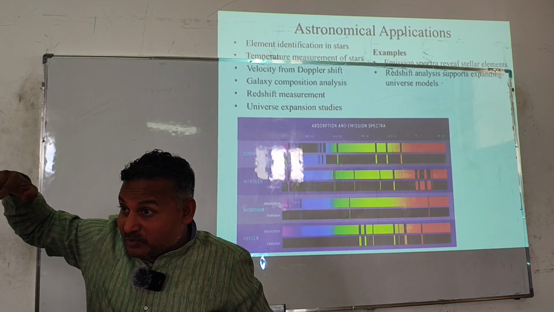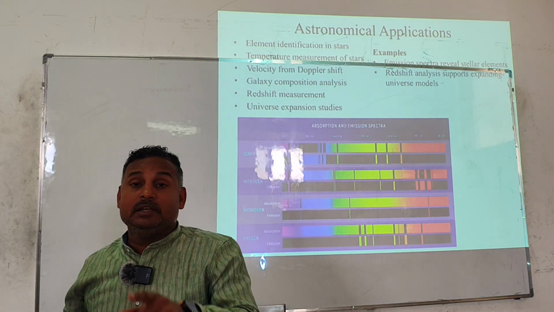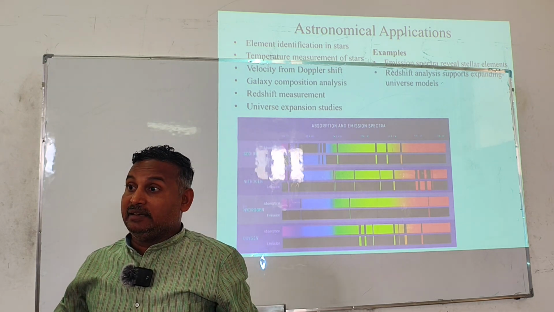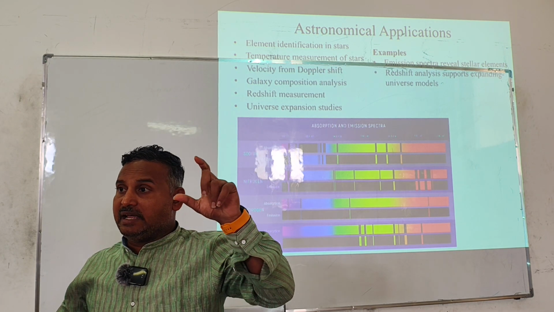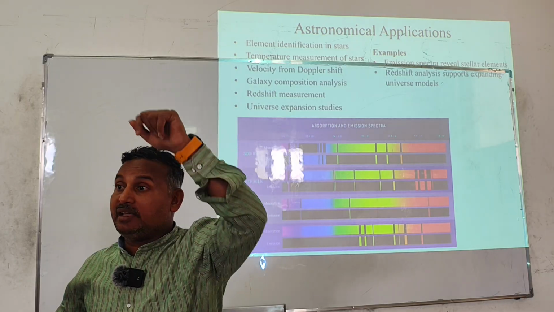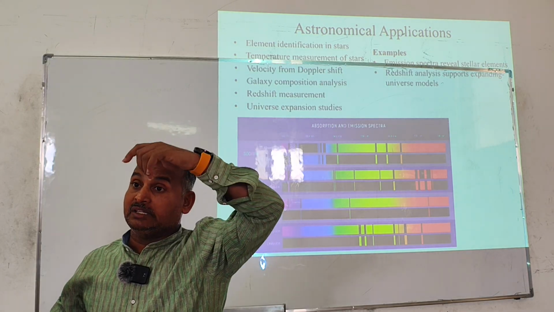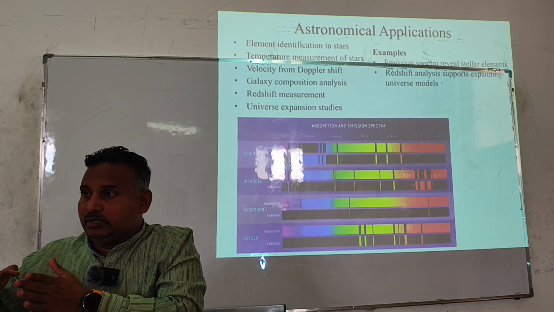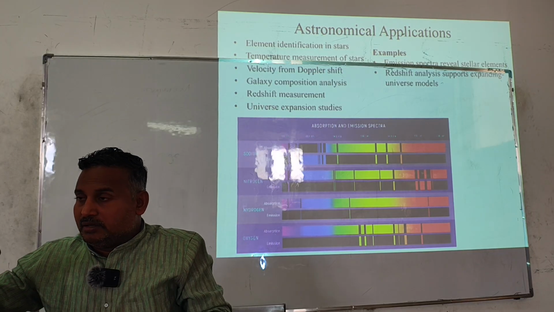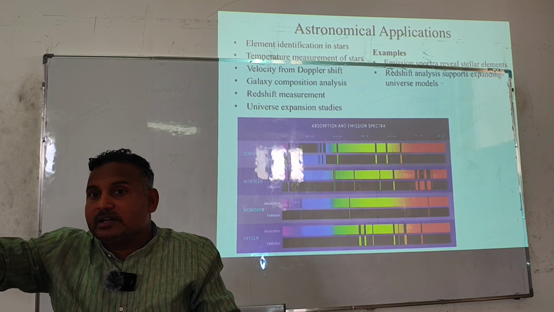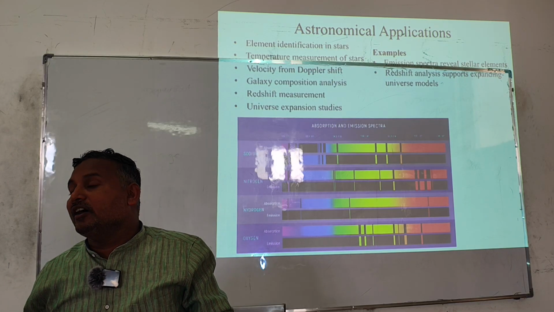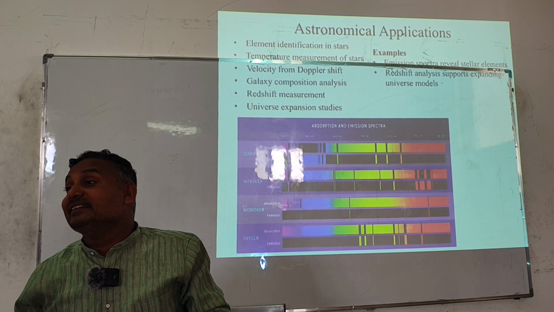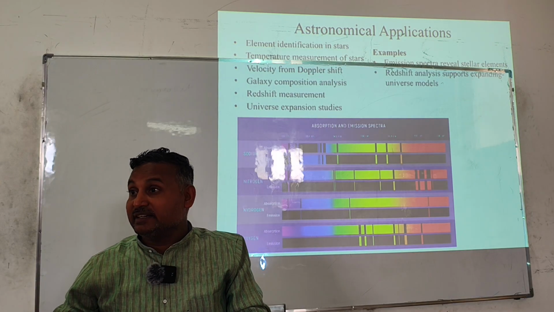Last time India made a moon landing. Our rocket landed on the moon. After landing on the moon, a rover came out. It's a robotic setup, and it identified what elements are present on the moon. Okay, there we are using these spectroscopic techniques.